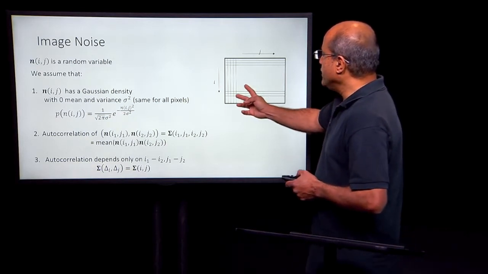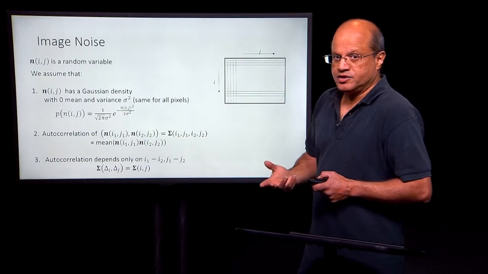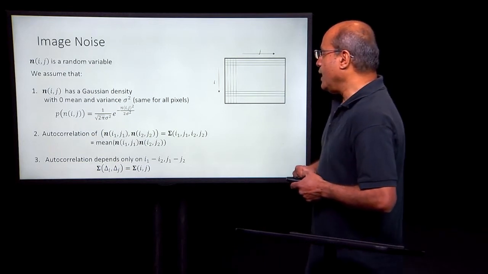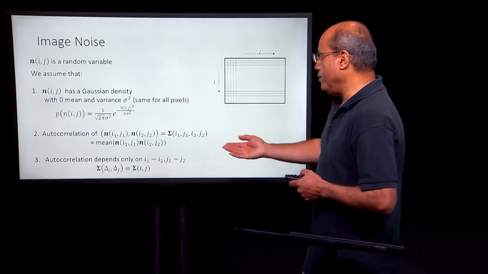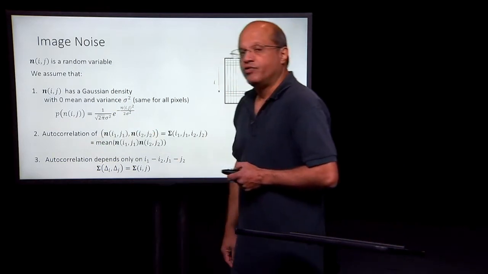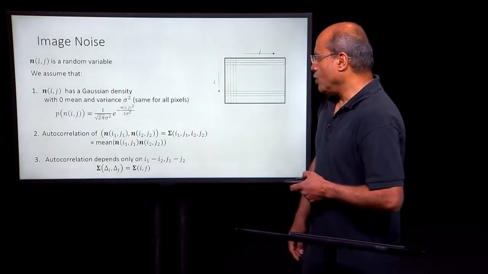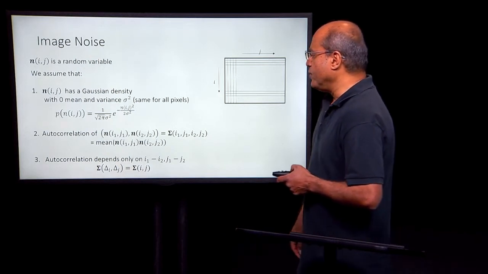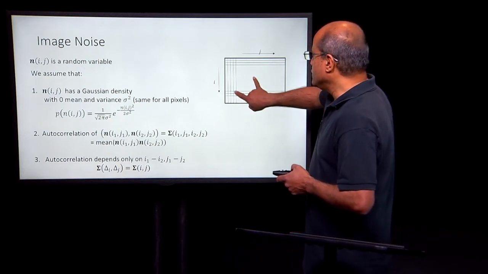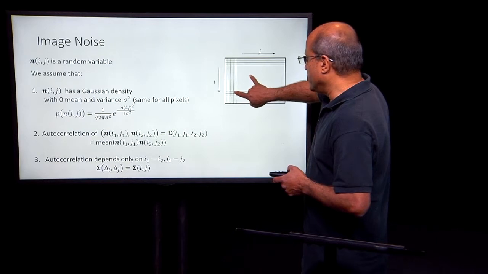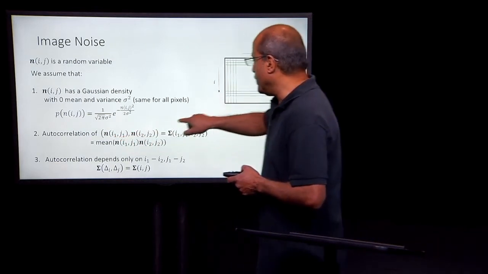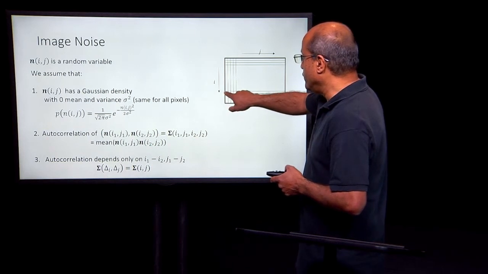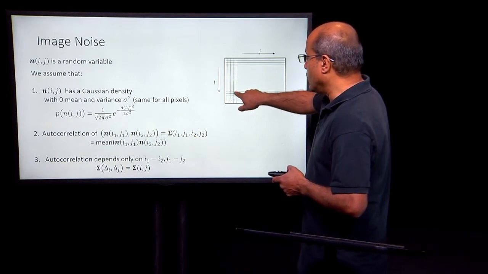And we're also interested in whether noise in 2 different pixels is correlated. And that correlation is specified or measured by what's called the autocorrelation function of noise. So the autocorrelation function of noise is simply the correlation between 2 pixels of noise, the first pixel at index I1, J1, so in the I1th row and the J1th column.